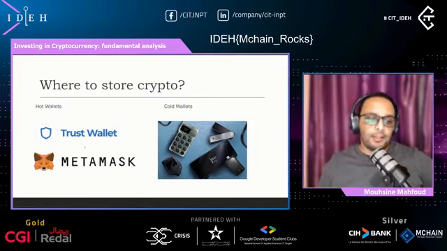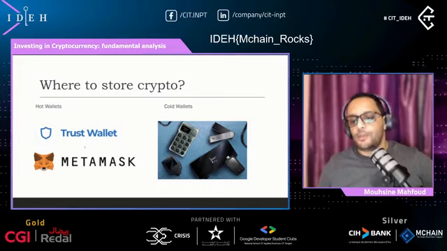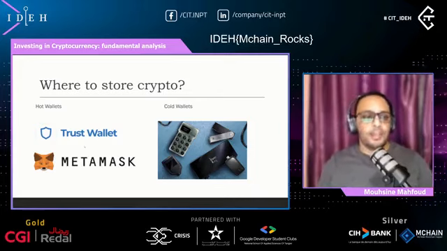The attacker can use it to sign and send transactions on your behalf. But cold wallets are not even connected to the internet. So if you hold a large amount of cryptocurrencies, it might be a good idea to put it in a cold wallet. That's much better.